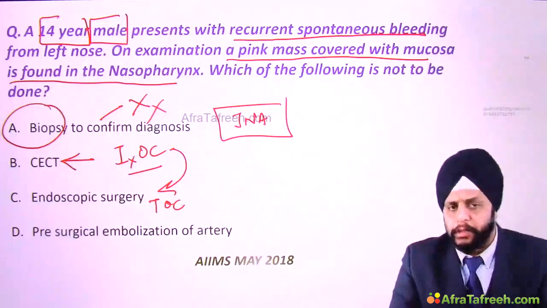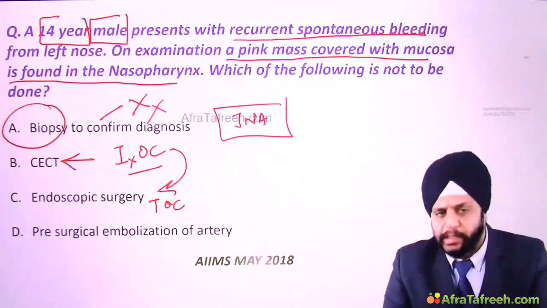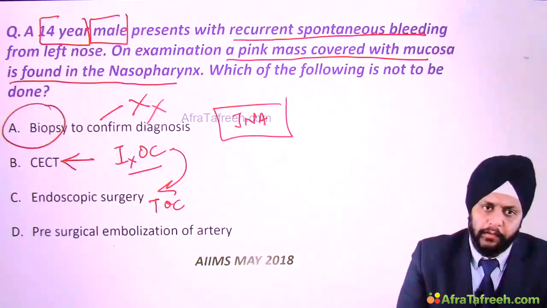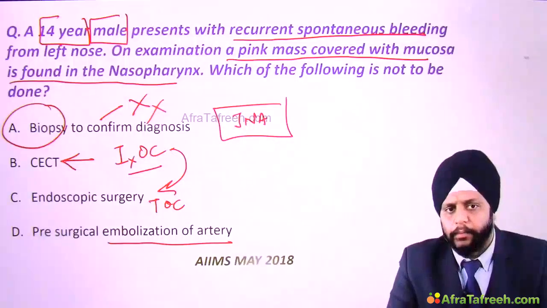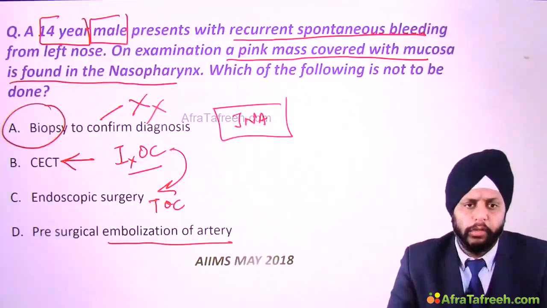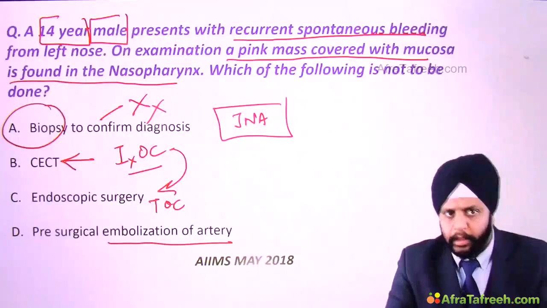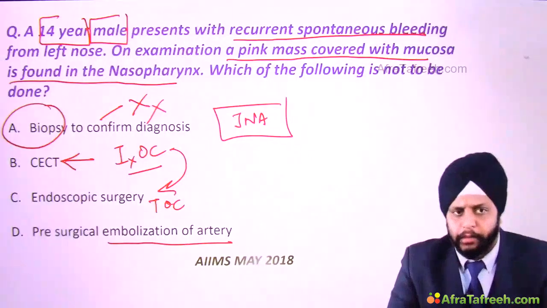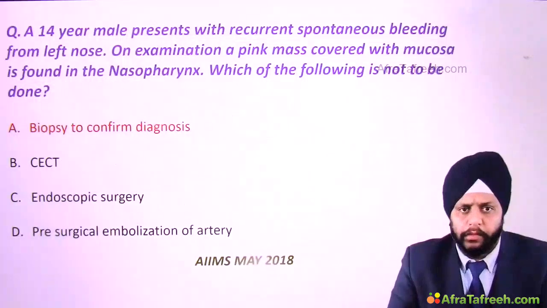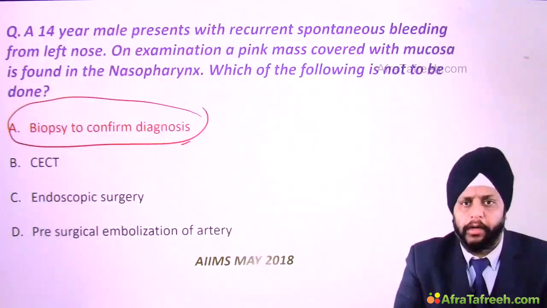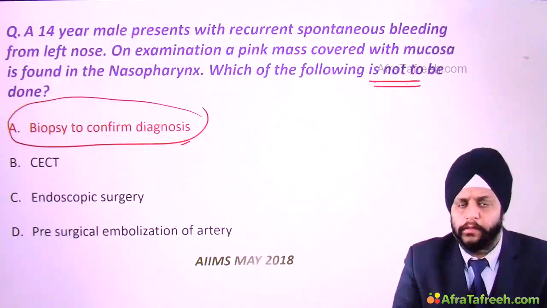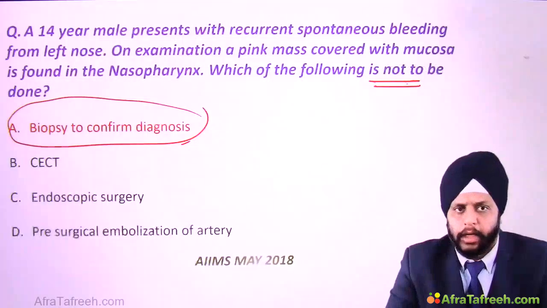Sometimes before doing surgery, we may also embolize the artery which is feeding this tumor. So we may pre-surgically embolize the artery so as to reduce the intraoperative bleeding, right? But one thing we will never do is biopsy. So our answer to this question is biopsy to confirm diagnosis. This we will never do. Question was, which of the following is not to be done, right?